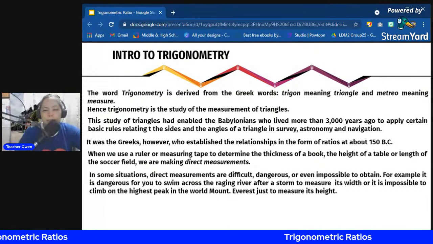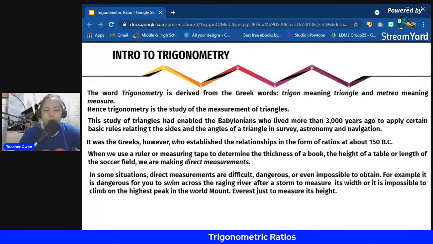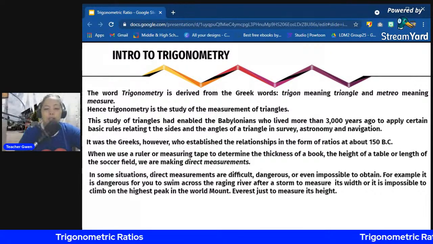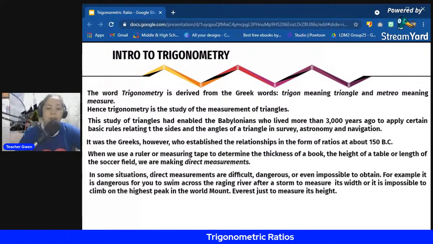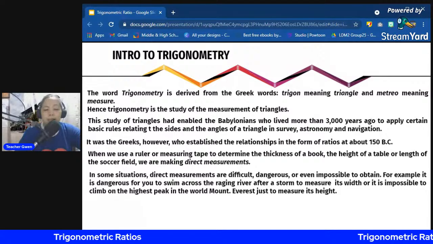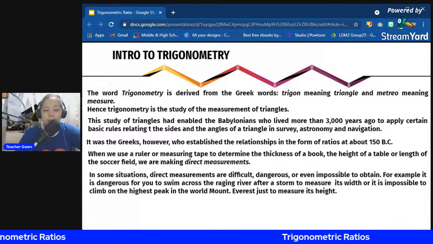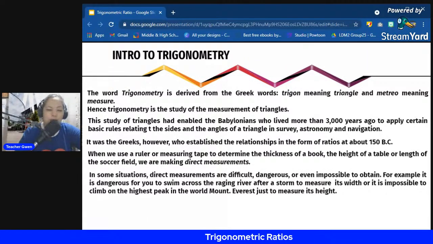For example, it is dangerous to swim across a raging river after a storm to measure its width, or it is impossible to climb the highest peak on the world's highest mountain, Mount Everest, just to measure its height.